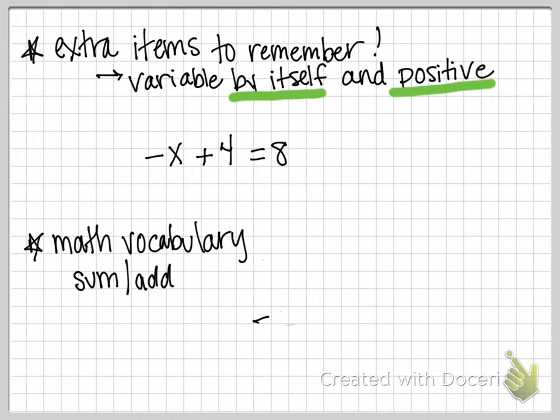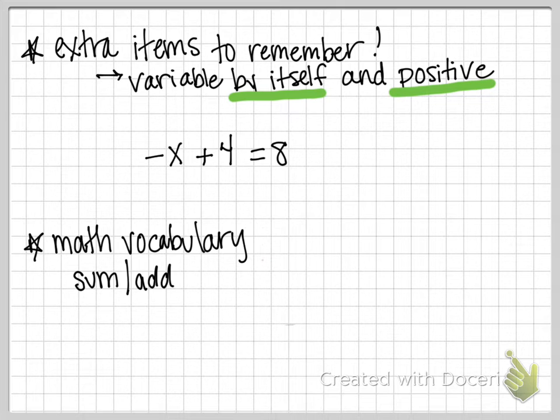I want you to write this down because this also shows up in this chapter, and this is a building block that we'll use for the rest of the year. Okay. Math vocabulary. When we see something written out with words, it translates to a math symbol.